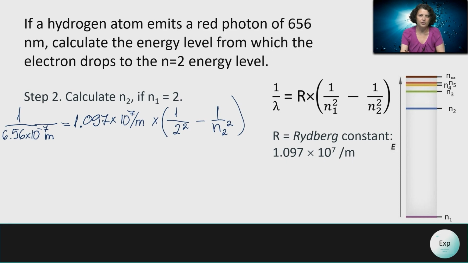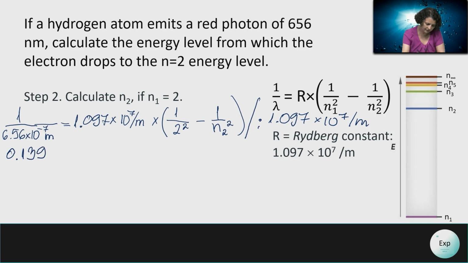To simplify it further, in the first step, we're going to divide both sides by the Rydberg constant. This will allow us to cancel the per meter on the left side. We are going to have 0.139 be equal to 1 over 4 minus 1 over n2 squared.